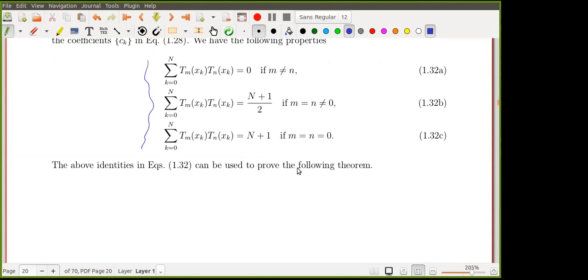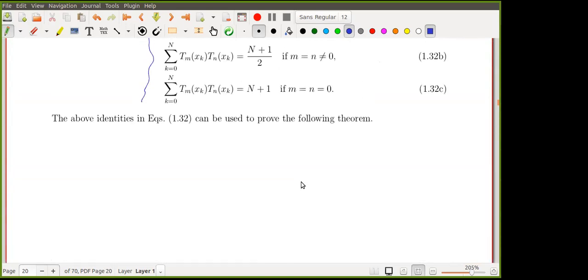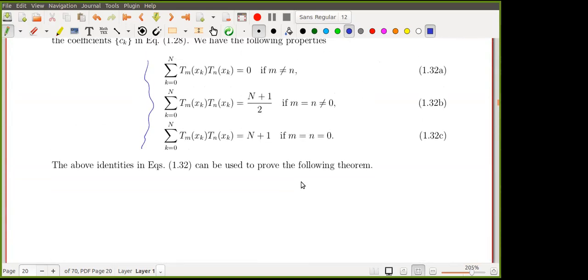In the expression above where we only got Cj. m equal to n.